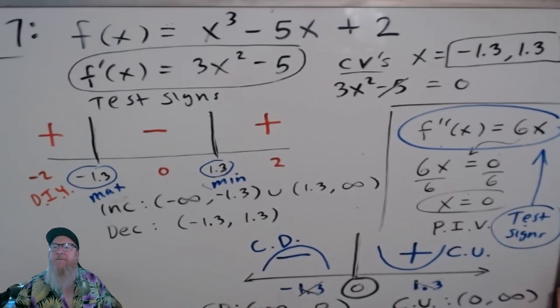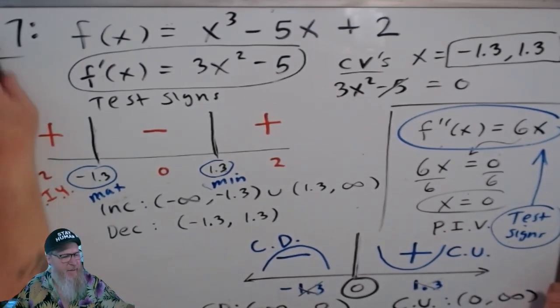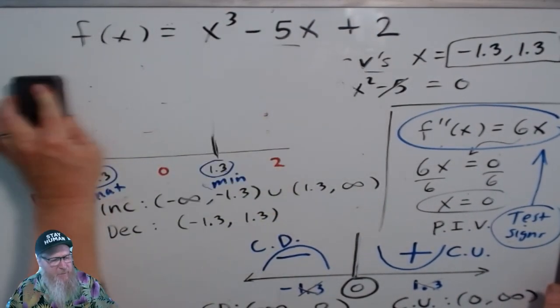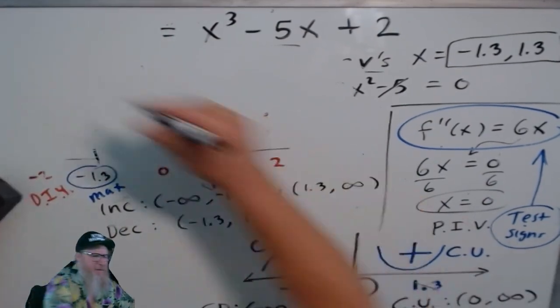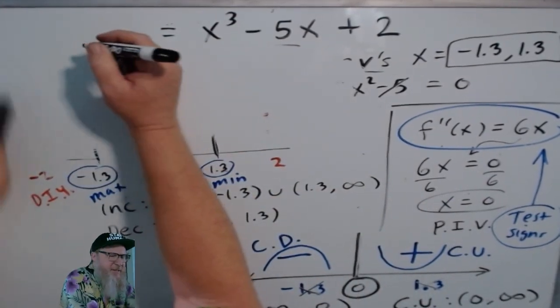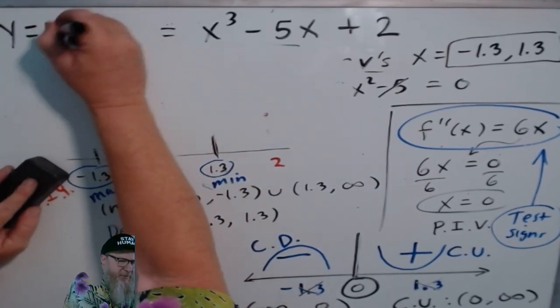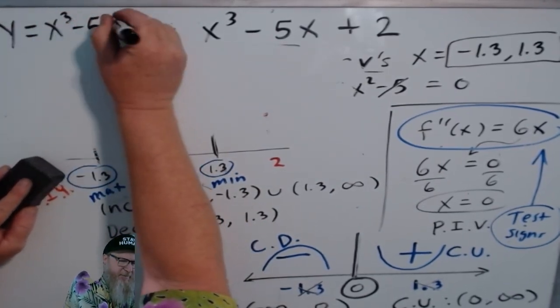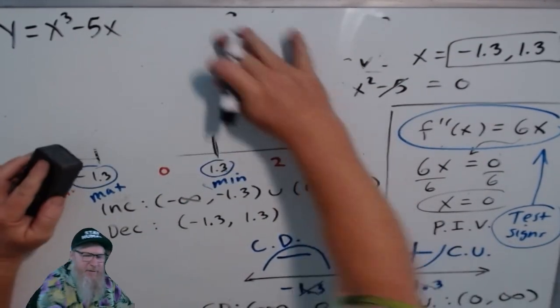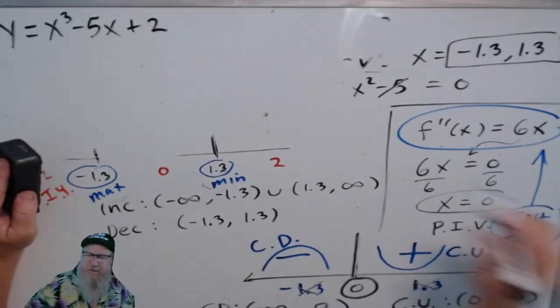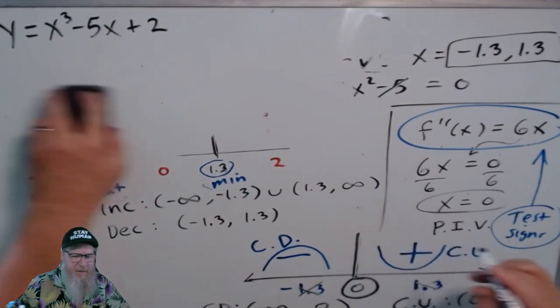All right, I think we have everything. So let's write this down. Even though the function is called f, I'm going to just call it y because it takes less space to write. I'm going to try to squeeze all this stuff into one nice little thing here. Let's see.